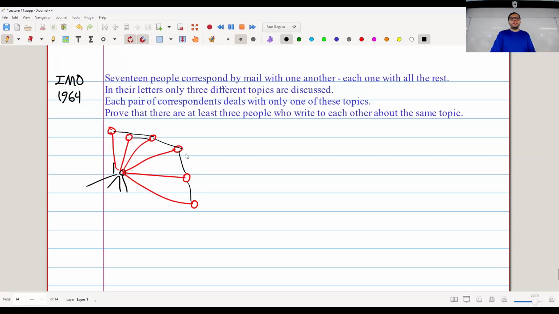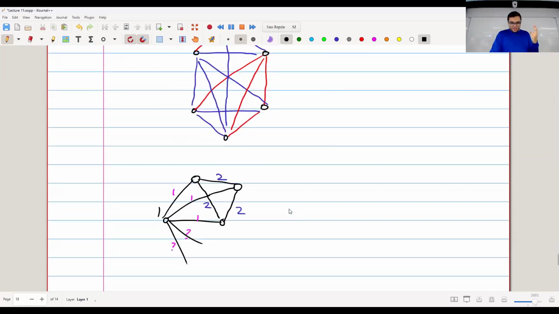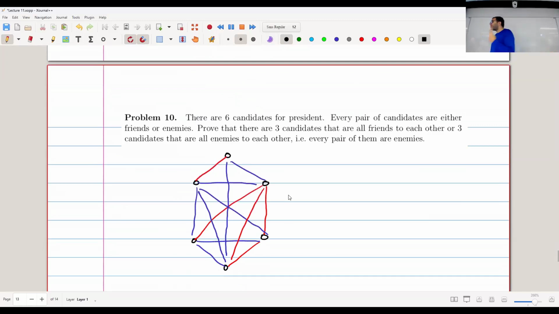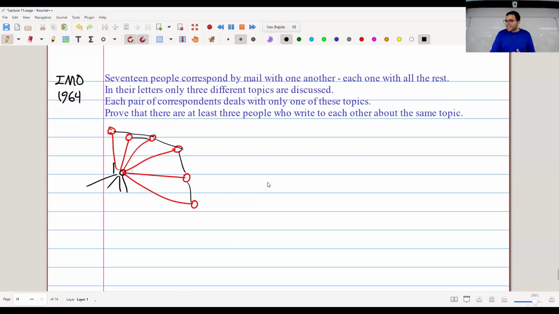So the only case that remains that I have to solve is if the color red does not appear here at all. So I have 6 people now, and I have only 2 colors between them. This is the previous problem. If I have 6 people and 2 colors, I have a triangle of the same color. So in any case, I have a triangle of the same color.